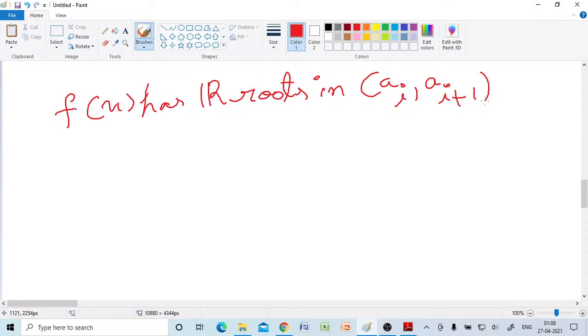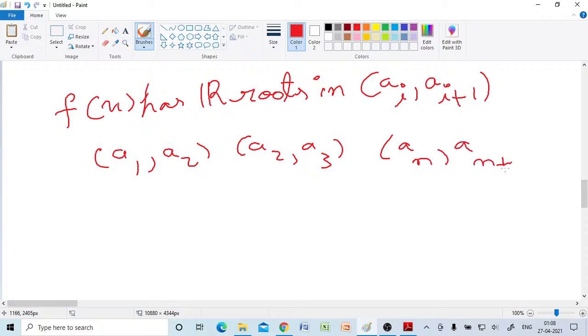So how many intervals can we frame like this? We have (a1, a2), then (a2, a3), all the way to an plus 1. So there are basically n minus 1 roots.